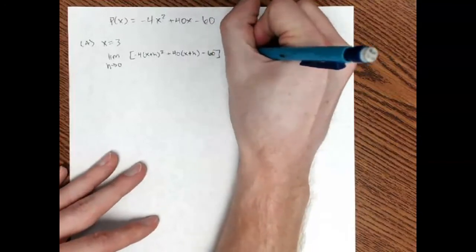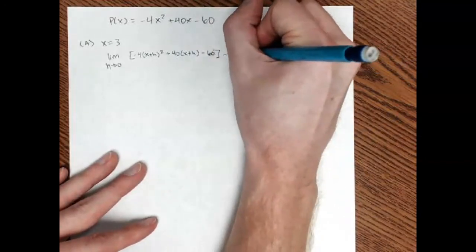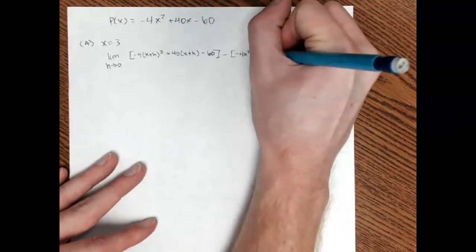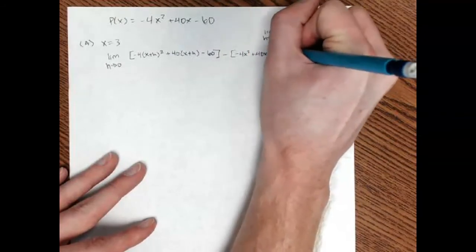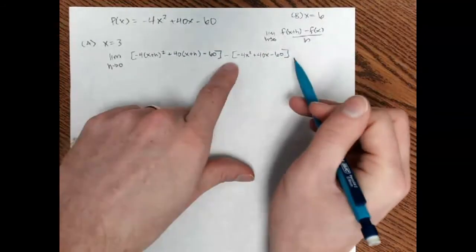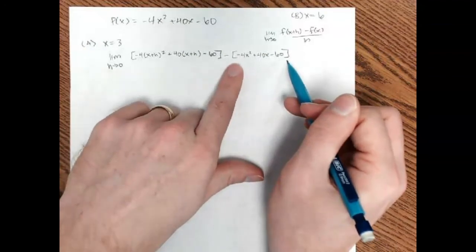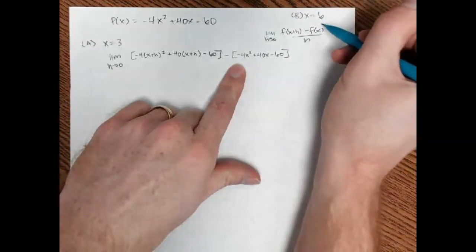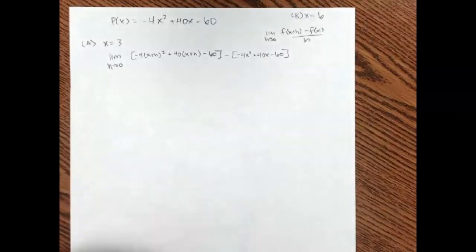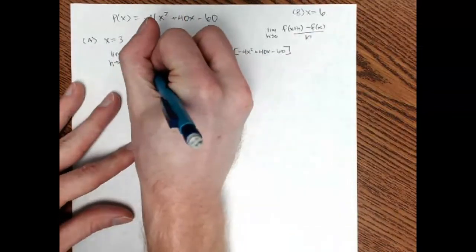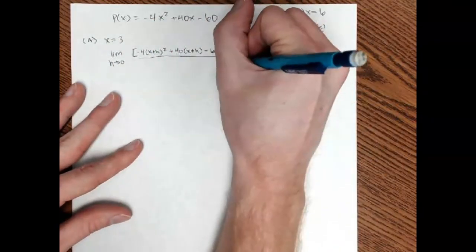And then you have your original function, just copy it. Negative 4x squared plus 40x minus 60. Please make sure you either put brackets or you put parentheses around your original function. If you don't put your parentheses, you're probably going to forget to distribute the negative, right? Be careful. Then all of that is over h.